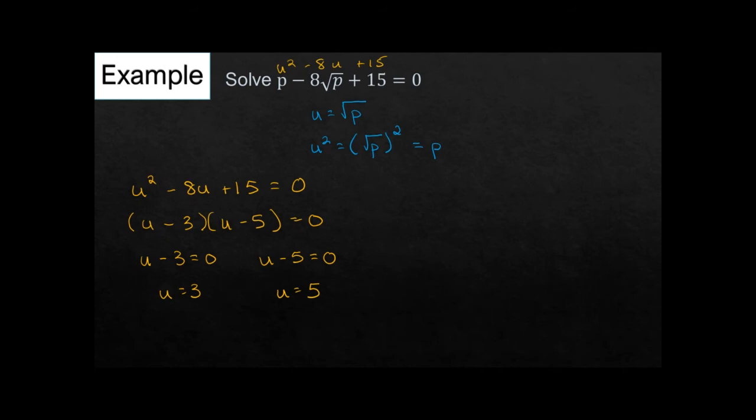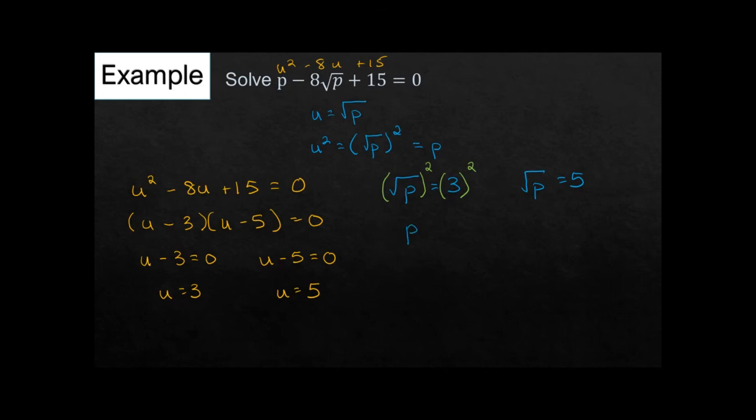So once you get u, now we have to plug it back in. So u is equal to the square root of p. So now we have the square root of p equals 3, and the square root of p equals 5. This is why we had to learn how to solve square root equations. We are still solving a square root equation, but this is much easier to solve than it would have been in the original form, because all we're doing is squaring both sides.